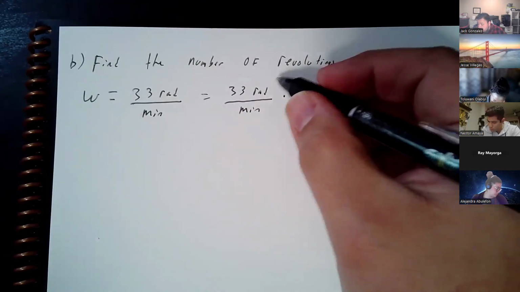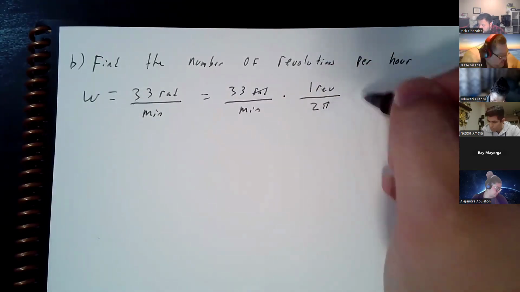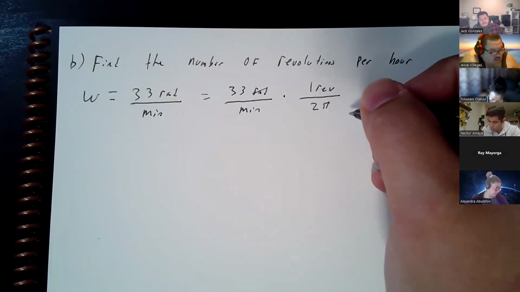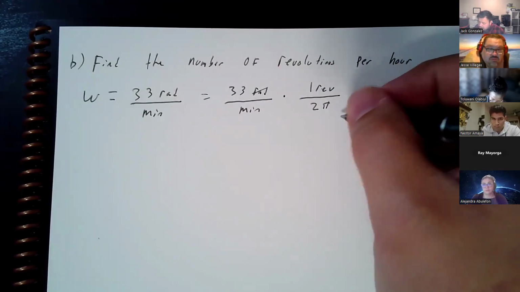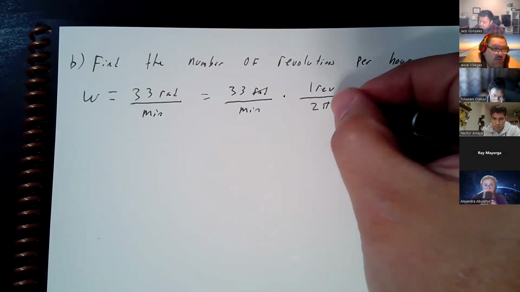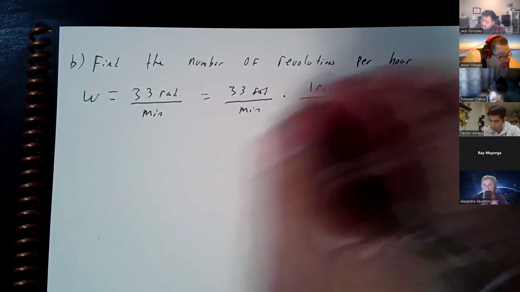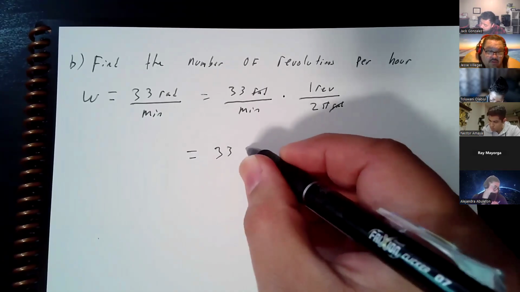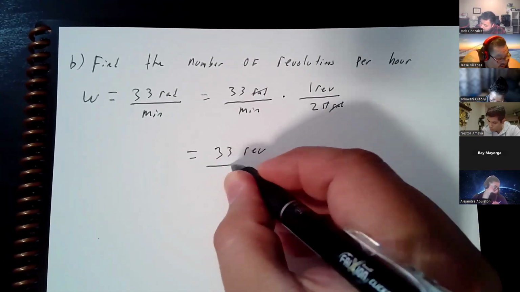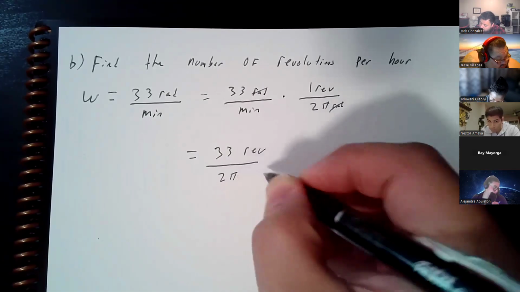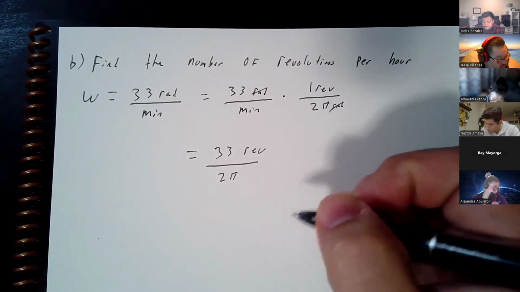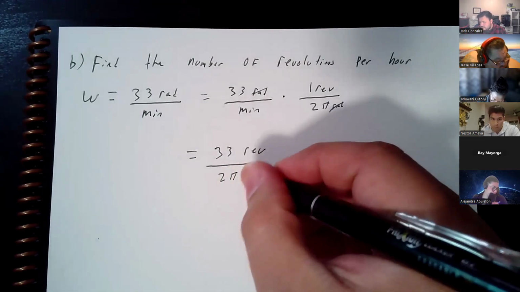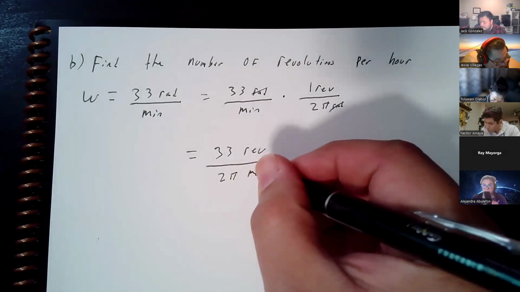So this will cancel. This is technically radians, but you don't really write it right next to the 2 pi, but it's technically there. So now we're going to have 33 revolutions per 2 pi minutes, sorry. That sounds strange.